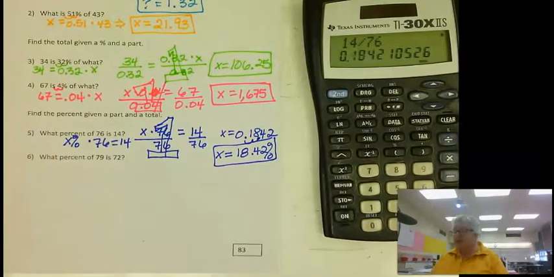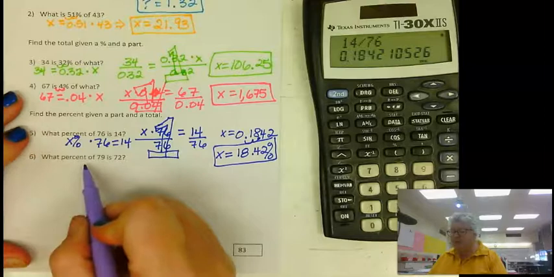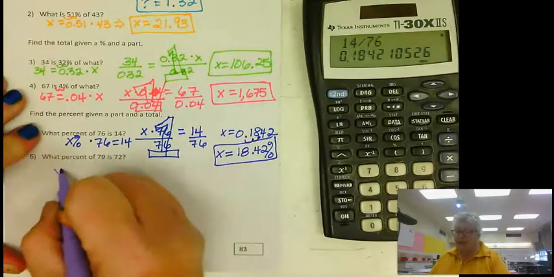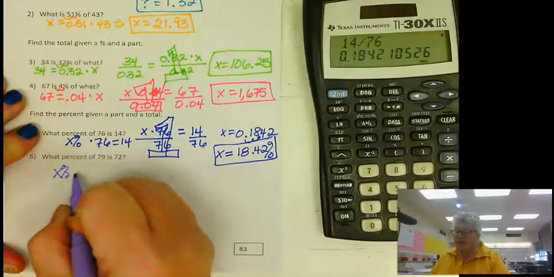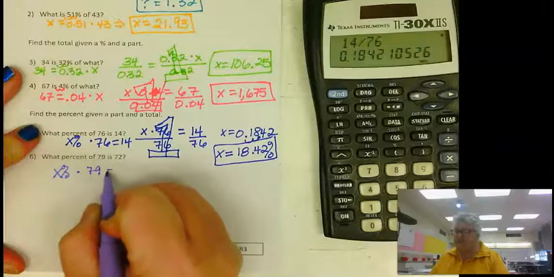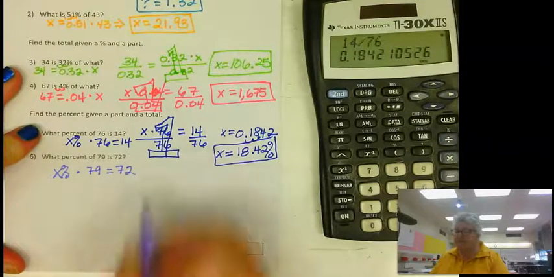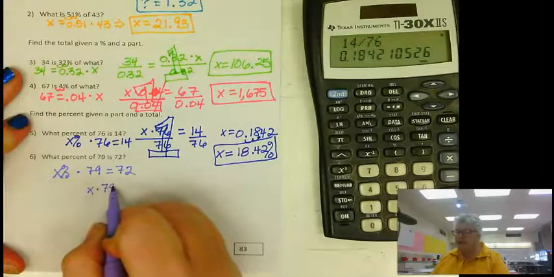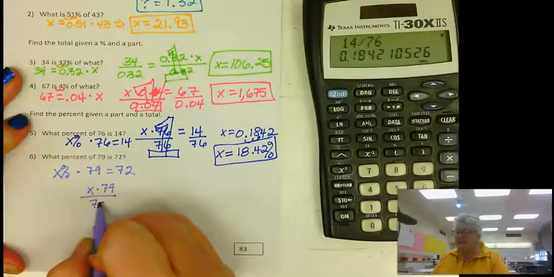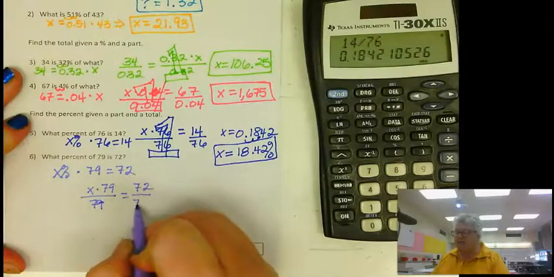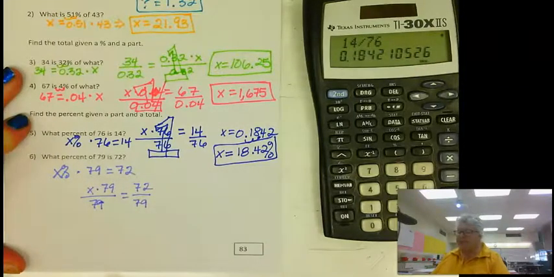All right, last one for this. What percent of 79 is 72? So again, X percent of times 79 is 72. So we're going to write it, X times 79 divided by 79 is equal to 72 divided by 79.